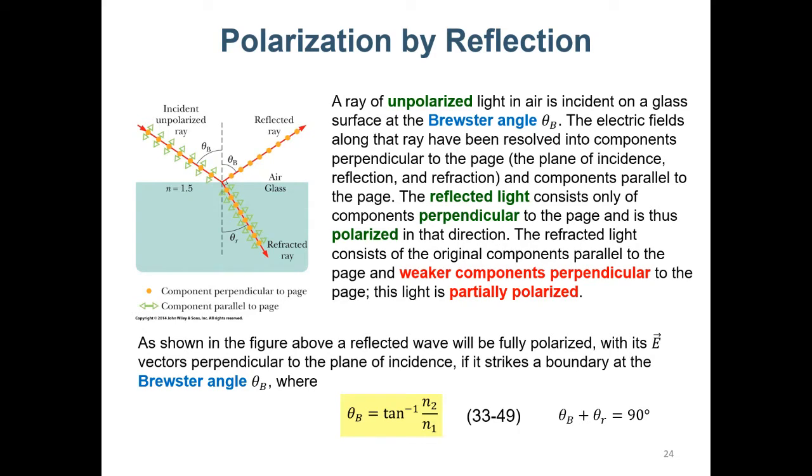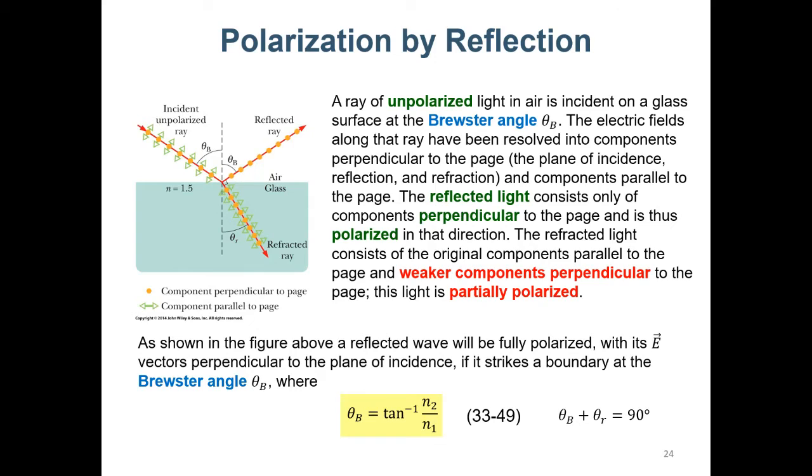So we have sine theta 2 equals n1 over n2 times sine theta 1, which is nothing but sine theta b.